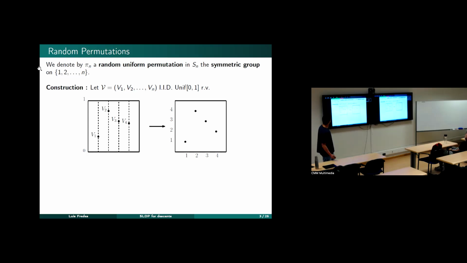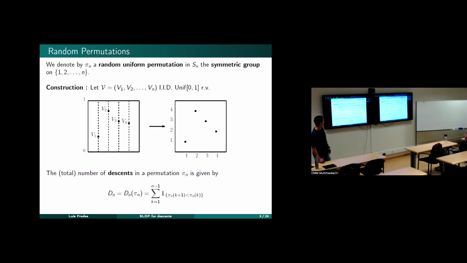The total number of descents in a permutation of size n is a sum of n minus 1 quantities.